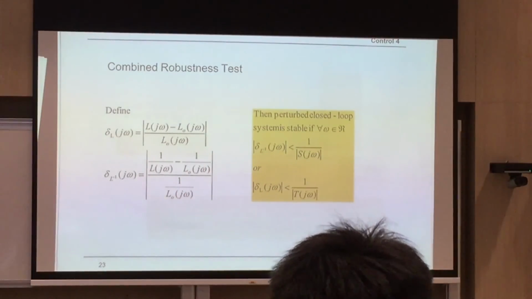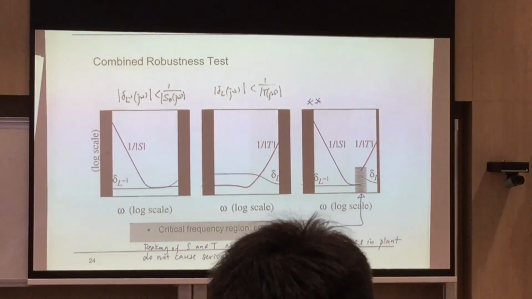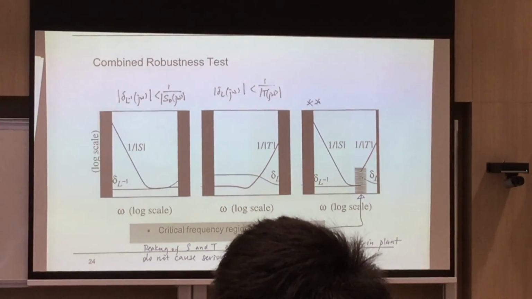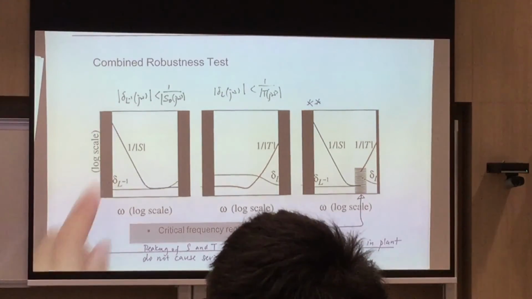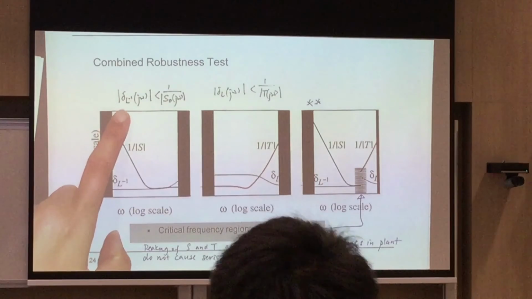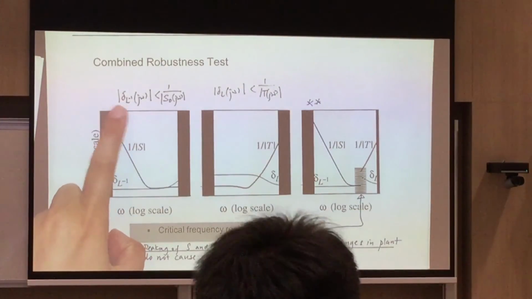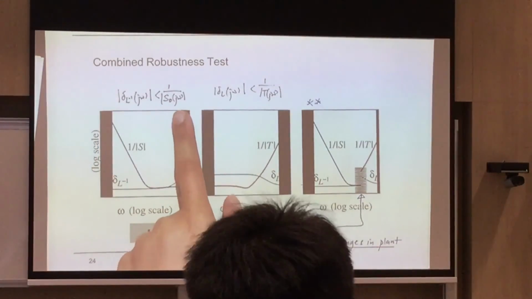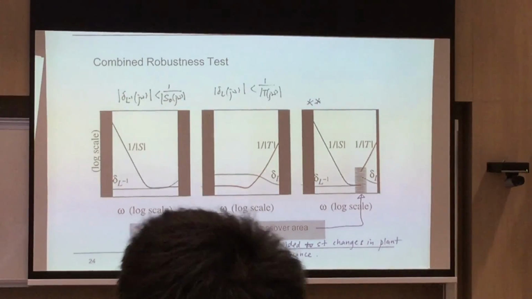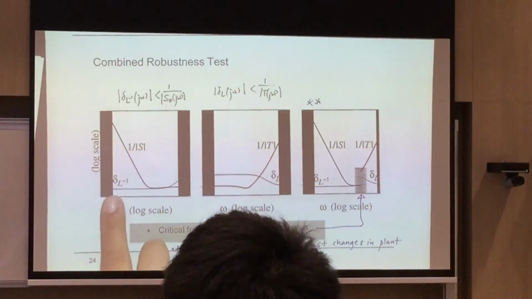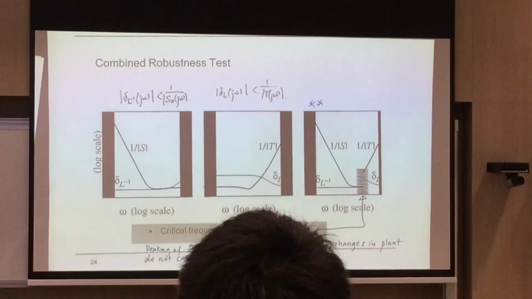There's no change. You're going to draw it in a plot. Basically from Doyle's criterion, we know that ΔL inverse has to be less than 1 over S, and ΔL has to be less than 1 over T. If you plot ΔL inverse and 1 over S, and also ΔL and 1 over T, this is what you see.